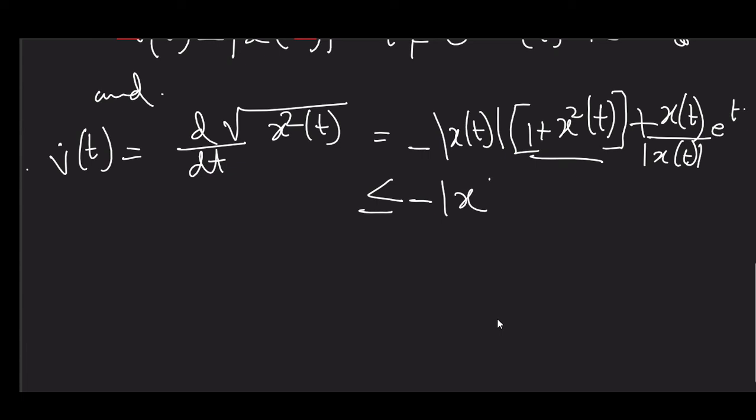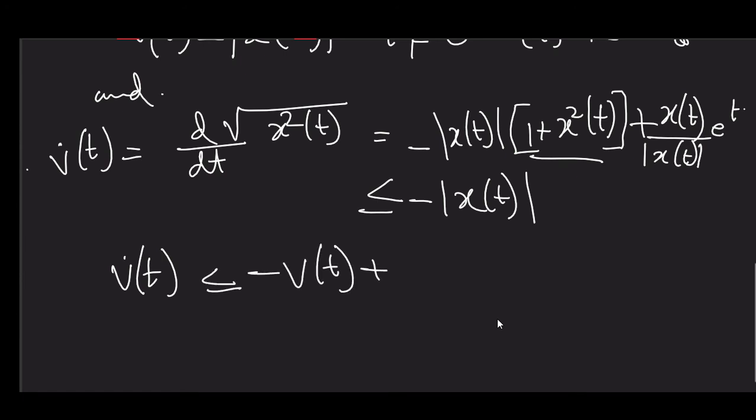So we can write the whole thing like v dot t is less than or equal to minus v(t) plus e to the t, because the second part can result in plus 1 or minus 1. So whenever you are taking the less than or equal to, you are giving yourself the liberty of taking the highest value.